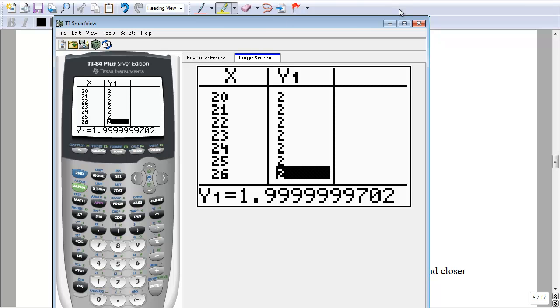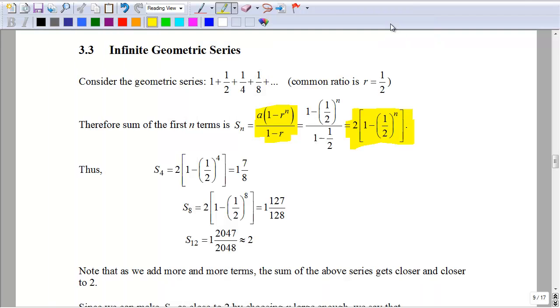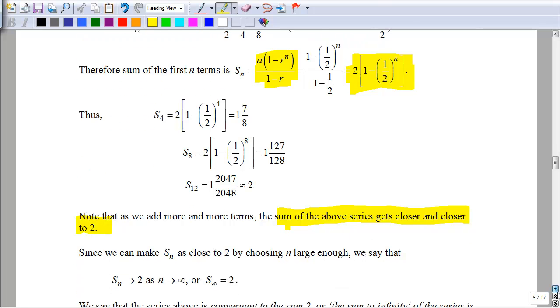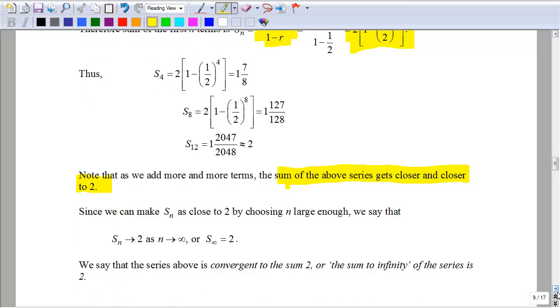Now, in this case, we say that the sum of the series gets closer and closer to 2, and we say that the series is convergent to the sum 2, or the sum to infinity of the series is 2.